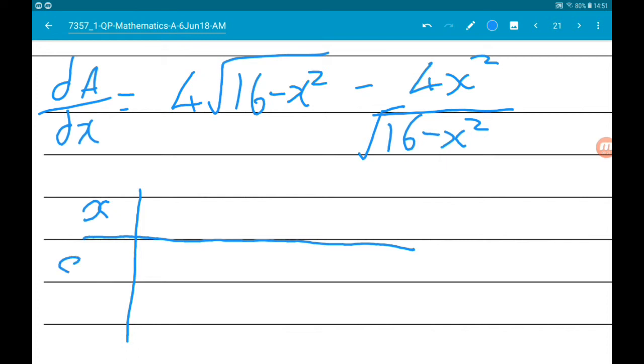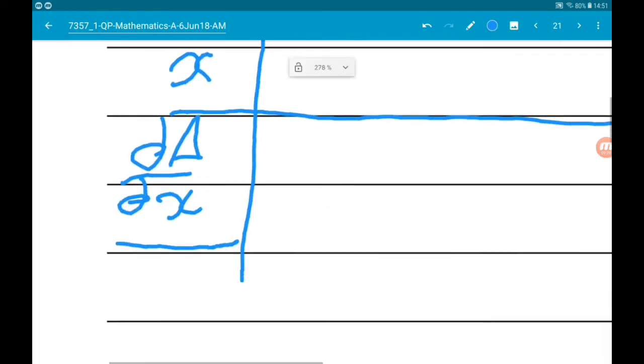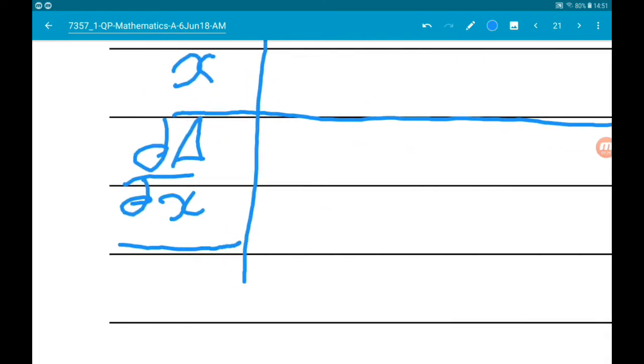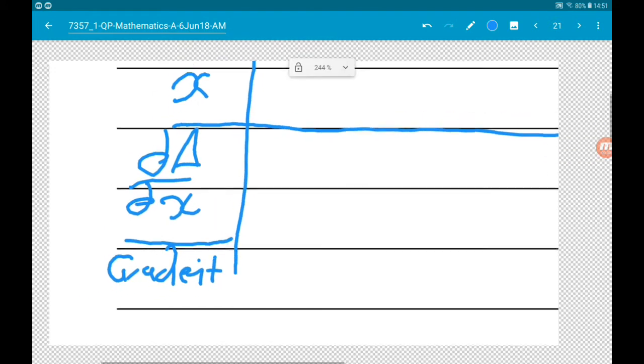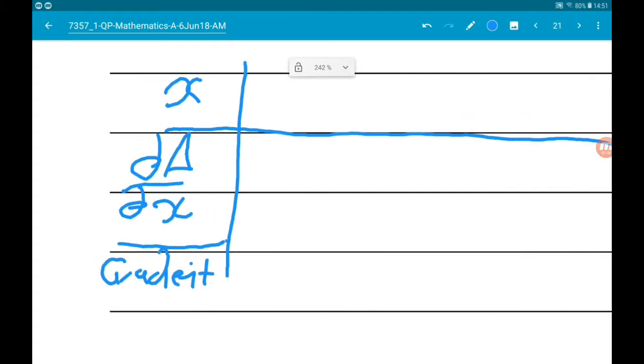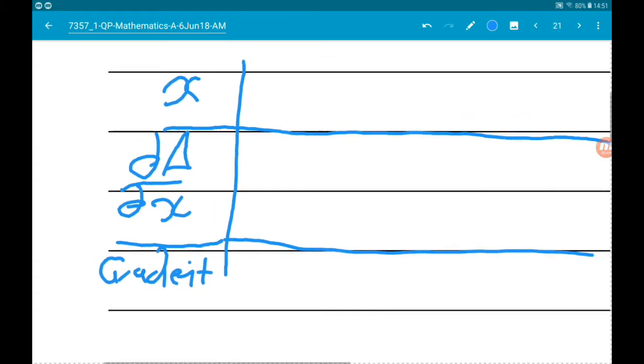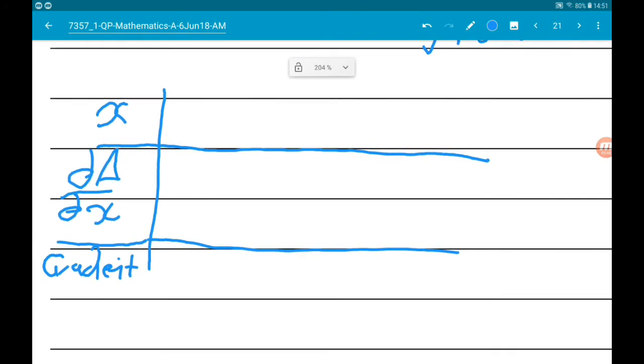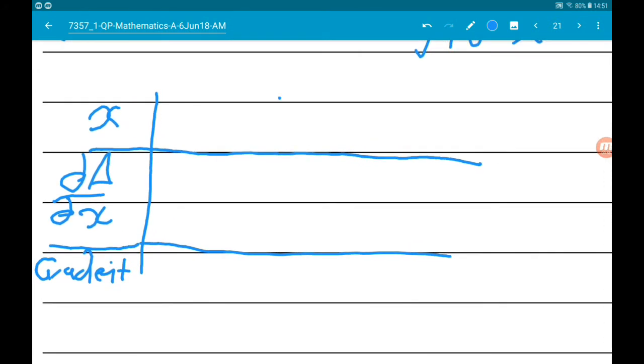Let's have values of dA by dx going along there, and then we'll have what that means in terms of the gradient. Okay, so we know that x equals 2 root 2 is a stationary point.